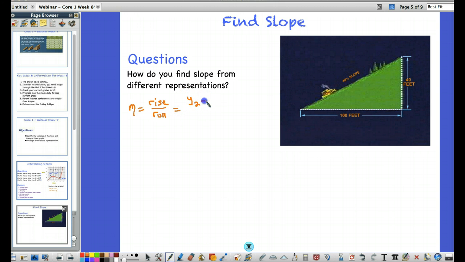You guys all know this equation, y2 minus y1 over x2 minus x1? Rise over run. Good. So subtract your y's, put that on the top. Subtract your x's, put that on the bottom. Good. All right. So if we look at this problem here, what's our slope?